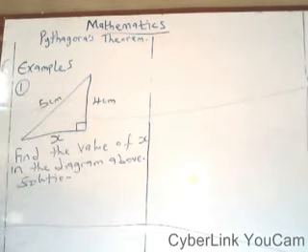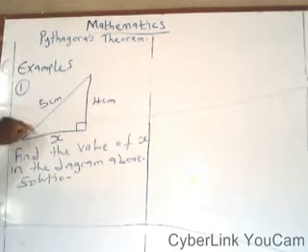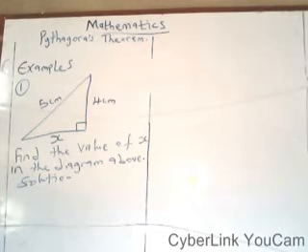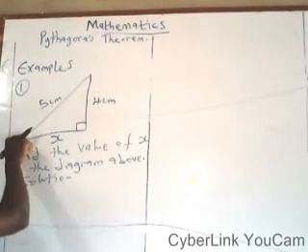Now, for us to find this, I said earlier that what will determine our opposite and adjacent is the position of the angle. Apart from the right angle indicated, the position of the other angles given will determine where the opposite and adjacent will be. We already know that this is the hypotenuse.